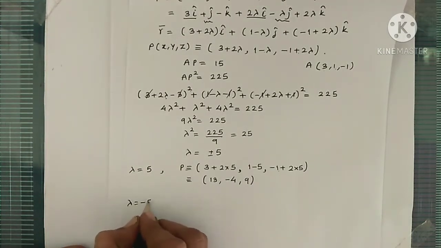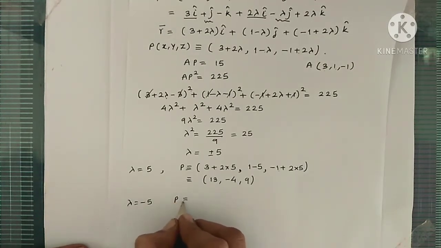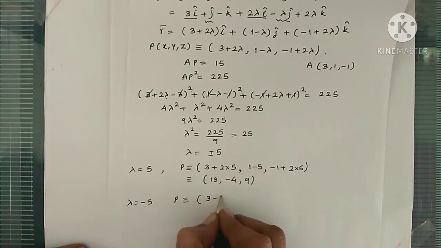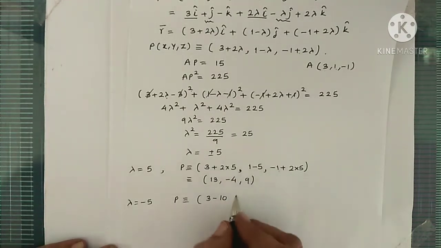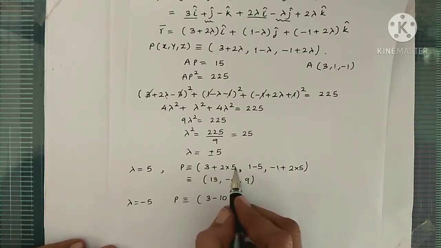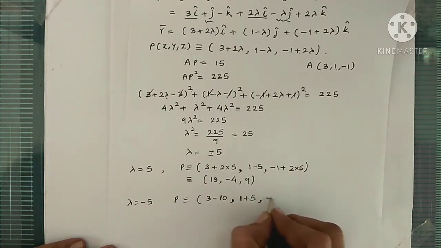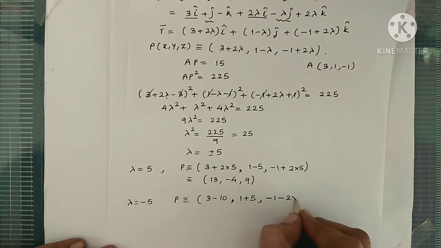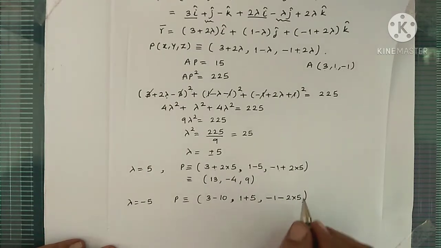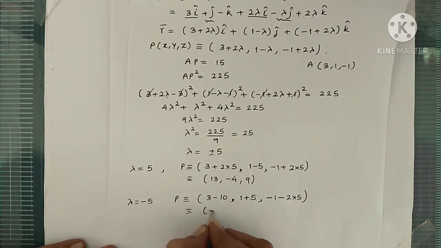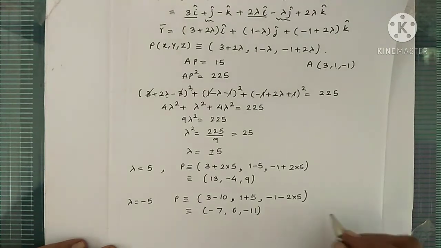And if lambda equals minus 5, then the coordinates are 3 minus 10. I am writing the same thing, but changing the sign: instead of 5, now minus 5. So 1 minus lambda is 1 minus minus 5, that is 1 plus 5, and minus 1 plus 2 into minus 5. So 3 minus 10 is minus 7, then 6, minus 1 minus 10 is minus 11.